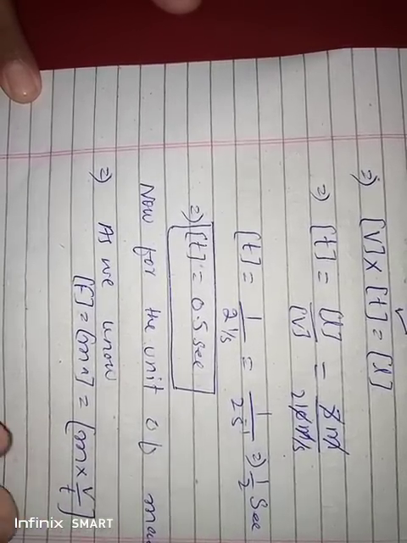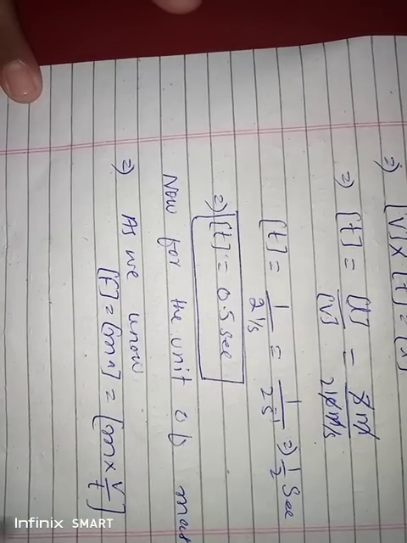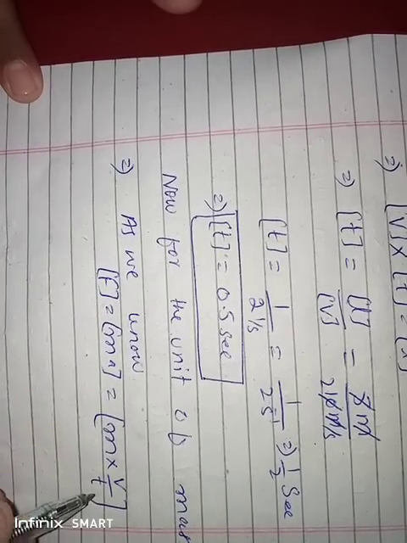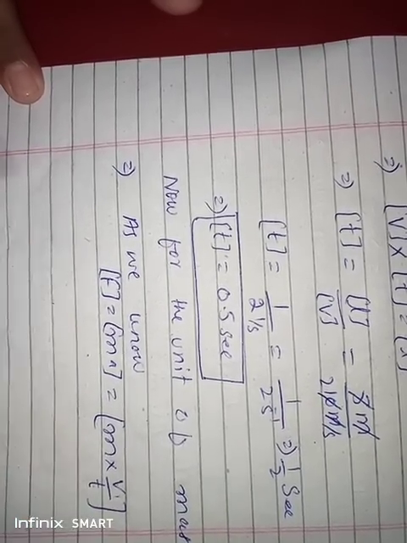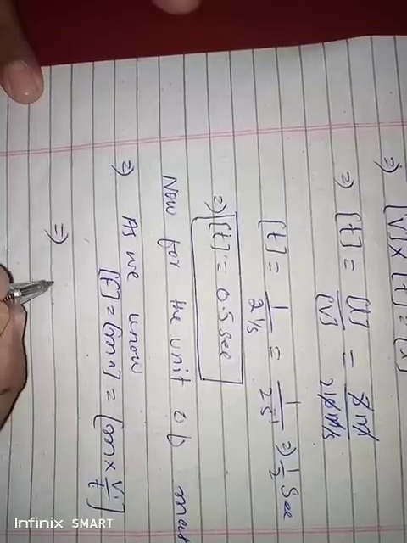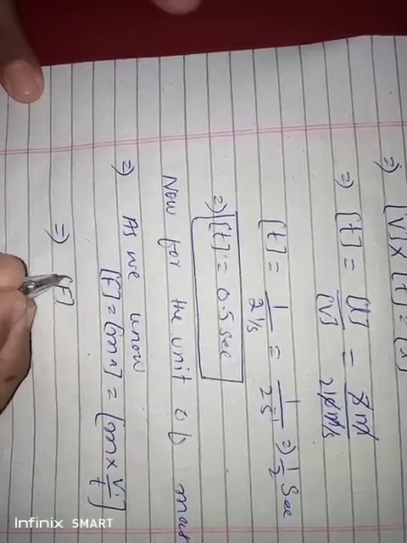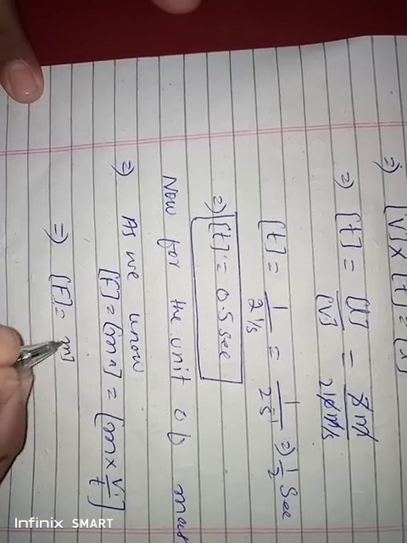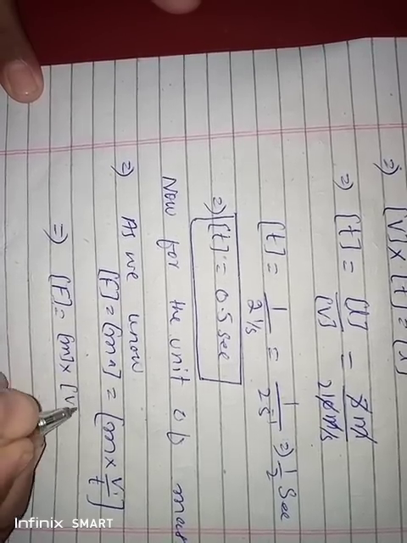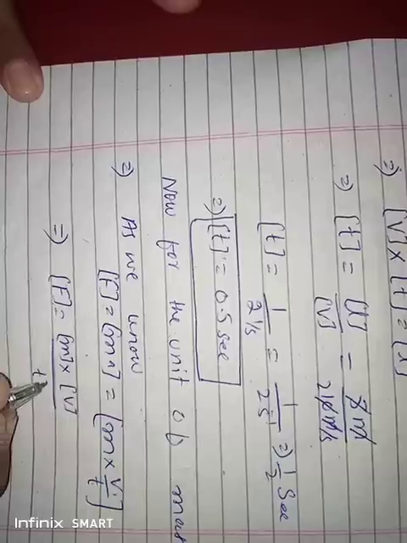By putting the values of time, velocity, and force, we can find mass. F is equal to m multiplied by v divided by t.